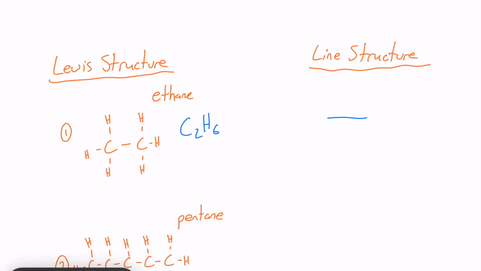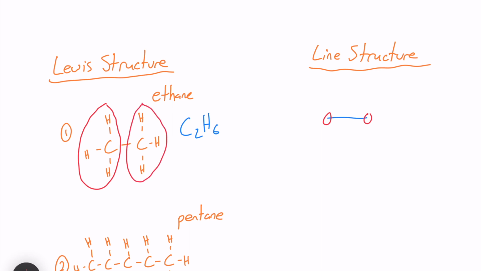Up above, the description said that the ends of a line will represent a carbon atom. So each end, we have both of our carbon right there. And since each carbon has 3 hydrogen bonded to it, we can assume that the 3 hydrogen can be found attached or bonded to each carbon.